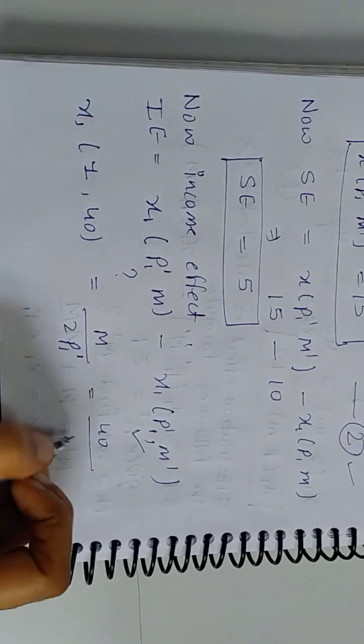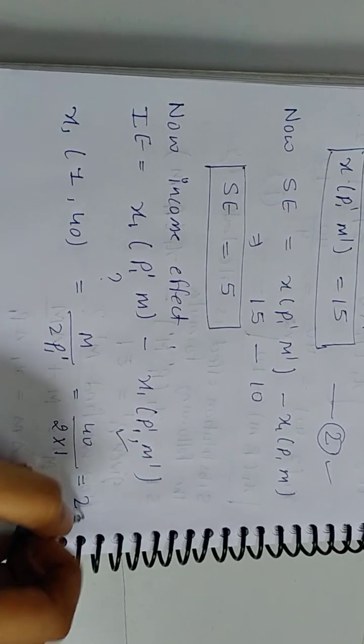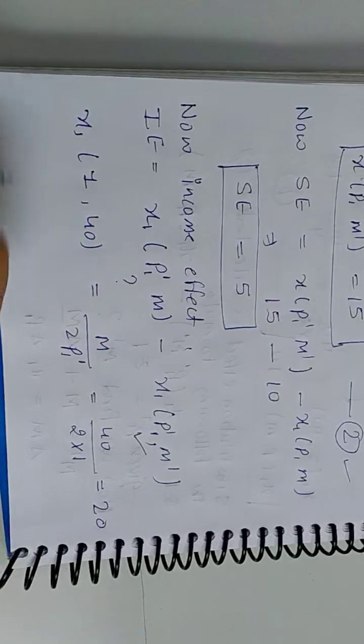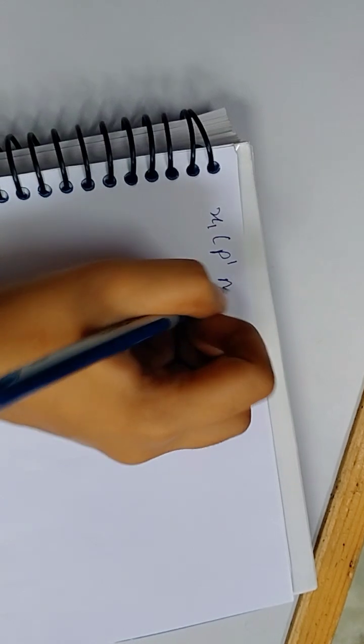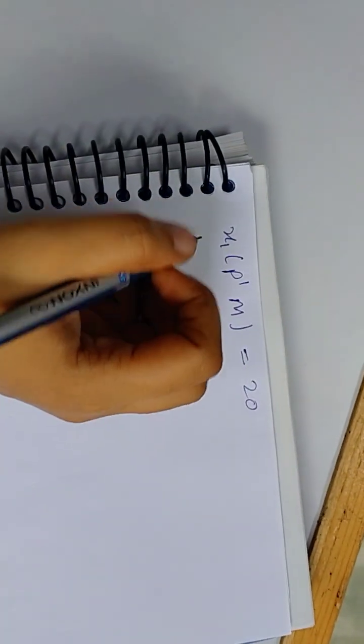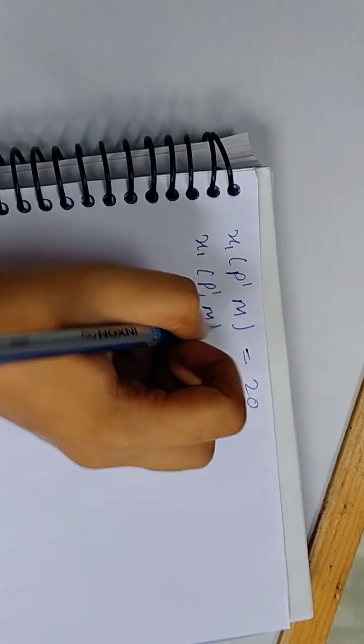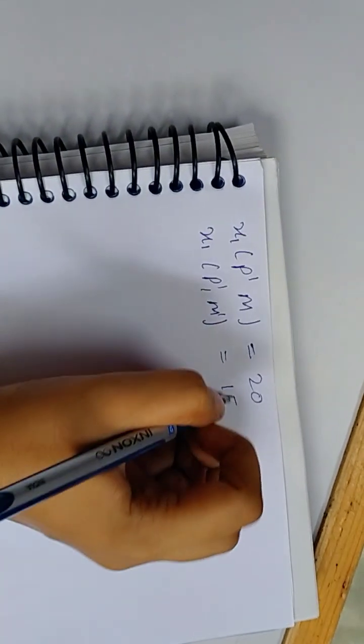Original income is 40 and new price is 1, so demand would be 20. That is, demand for good one with the changed price and original income would be 20. Now we have all these terms: x(p1 dash, m dash) would be 15.